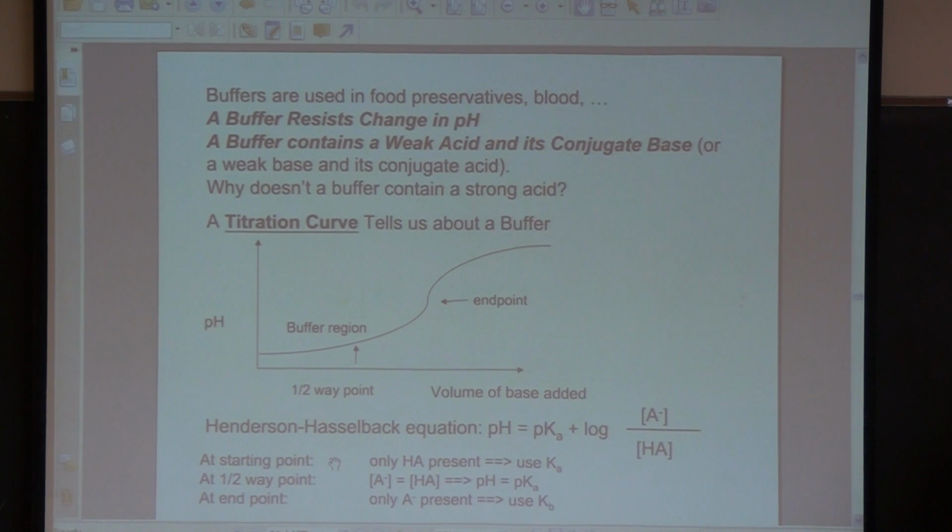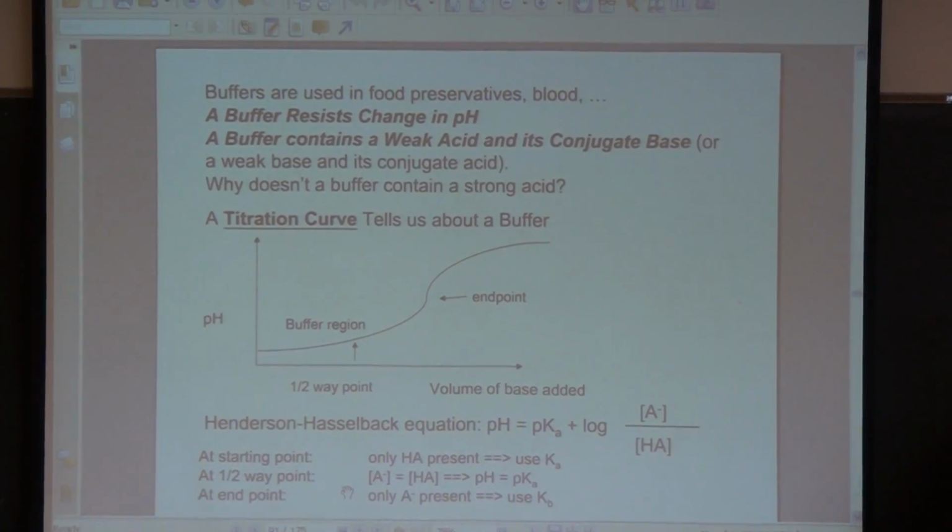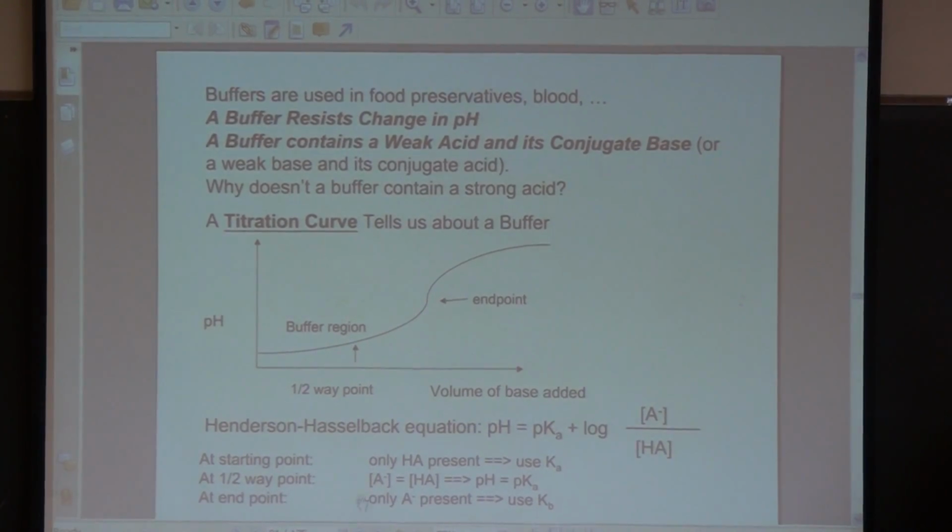You know how to calculate the pH at the starting point, the pH at the halfway points, and the pH at the end point. There are equilibrium calculations involved there.